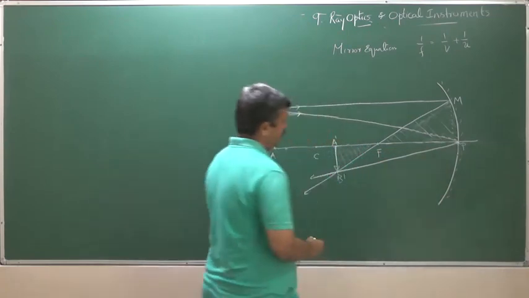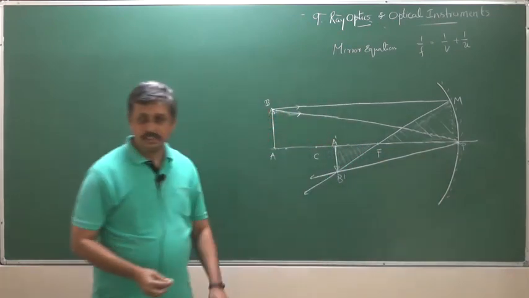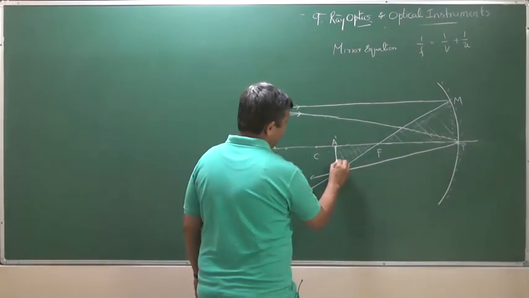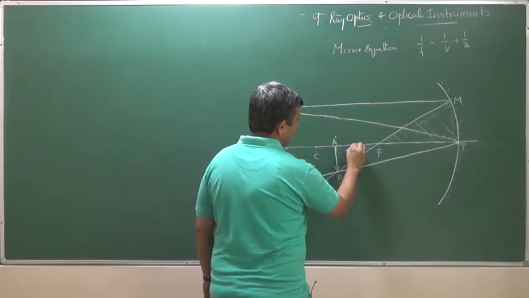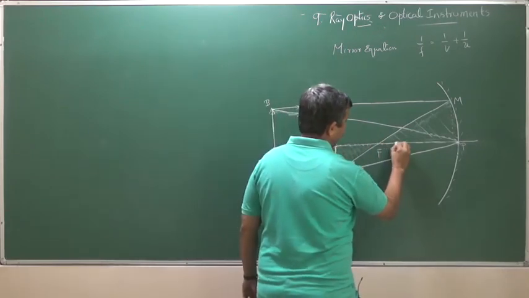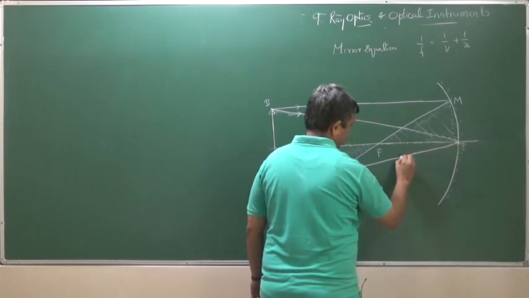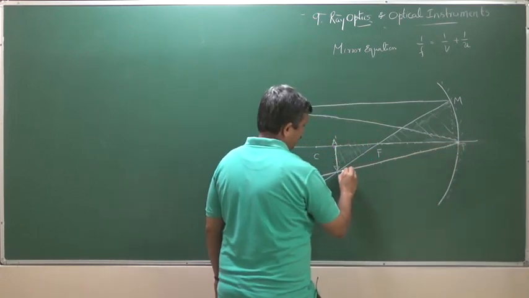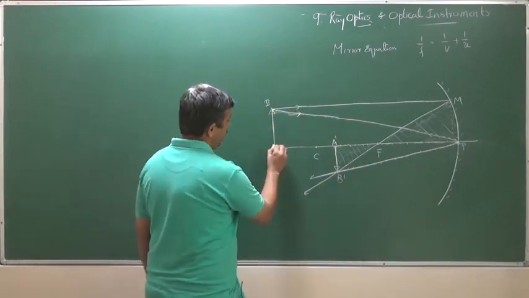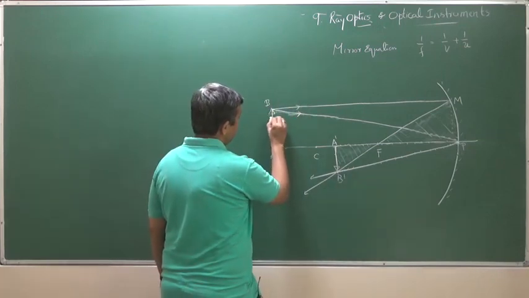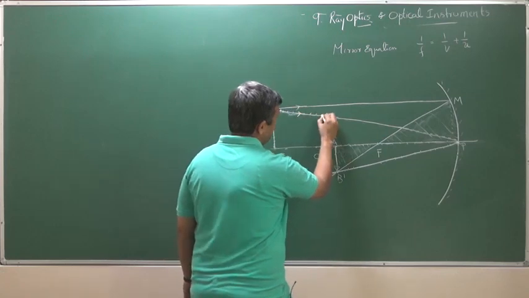See this triangle. So I'm going to basically mark it like this so that it's somewhat easier for you to look at those triangles. Look at this triangle and this triangle.